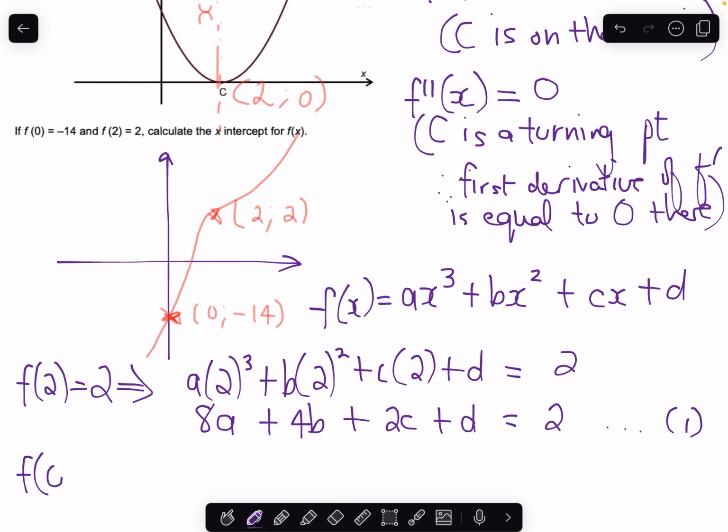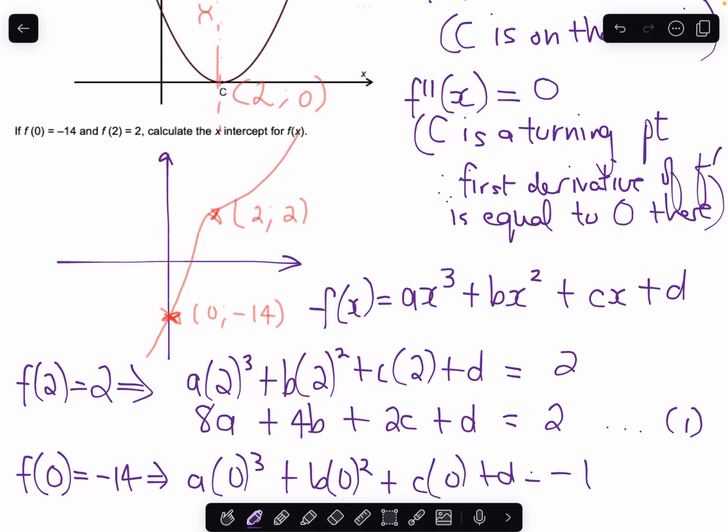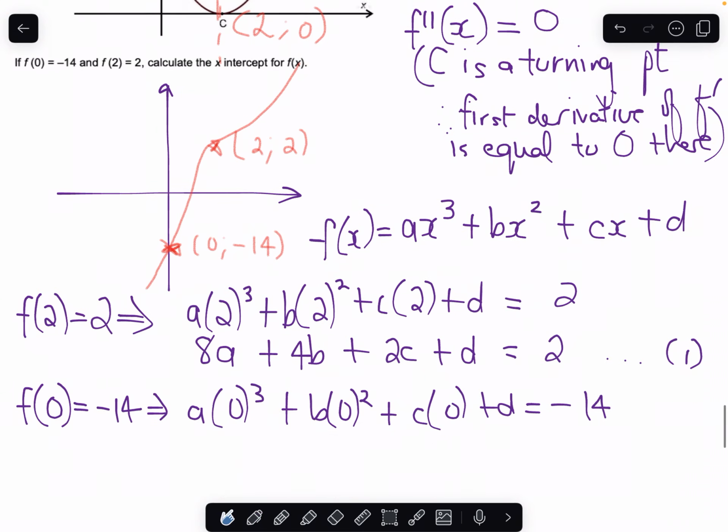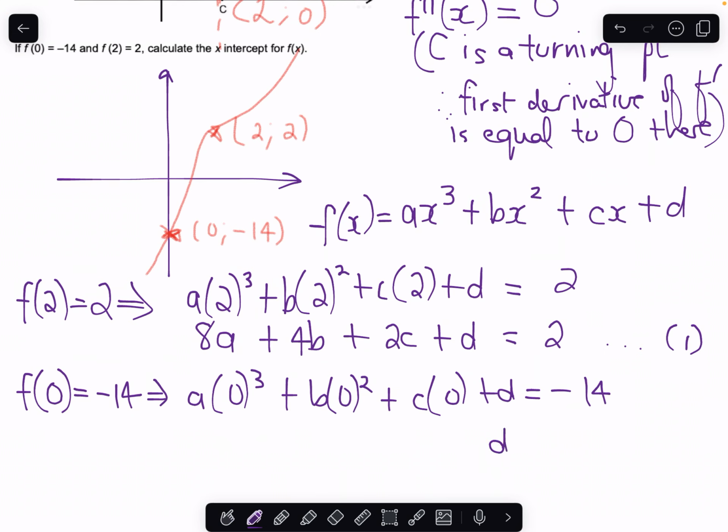Then my second equation, I'm going to use the fact that f of 0 is equal to negative 14. So that is actually going to get rid of a whole lot of my terms. So d is equal to negative 14.